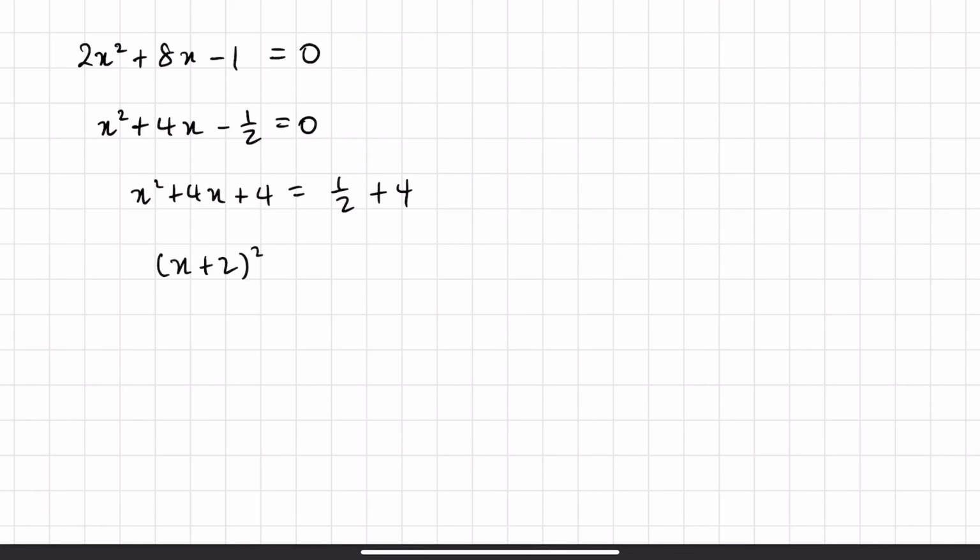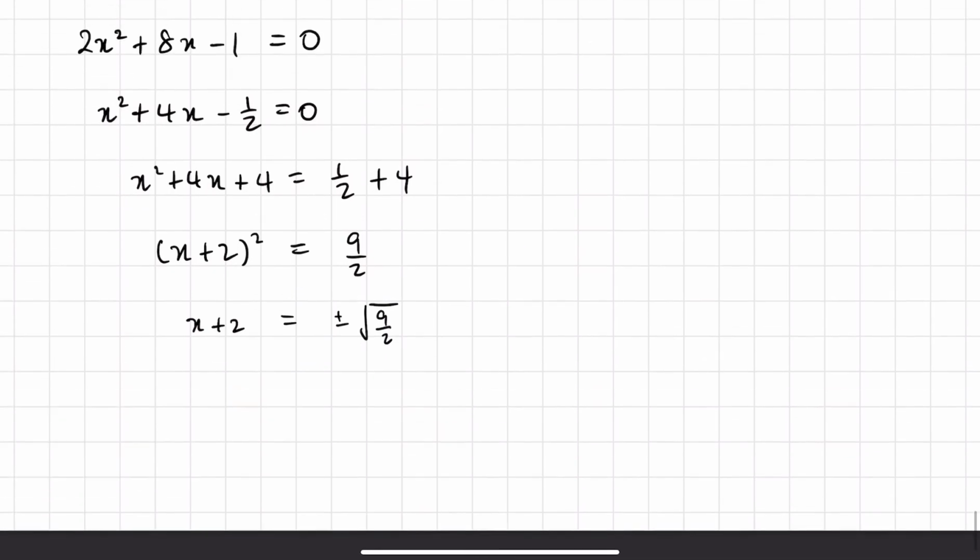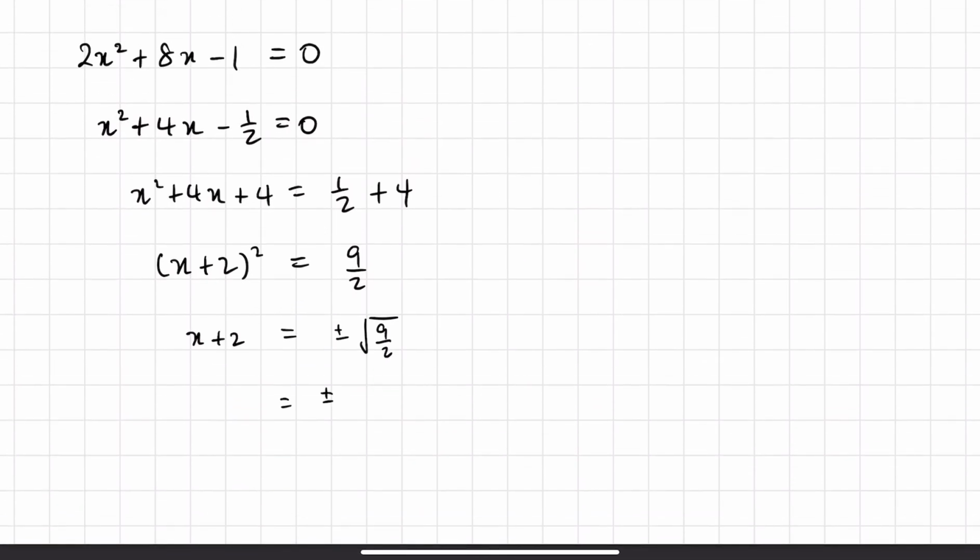So on the left, we have a perfect square, and on the right, let's say 9 on 2. x plus 2 is equal to plus minus the square root of 9 on 2, which is plus minus 3 on root 2. And x equals plus minus 3 on root 2 minus 2. And I'm just going to leave the answer like that. You may want to go ahead and rationalize this denominator if necessary.